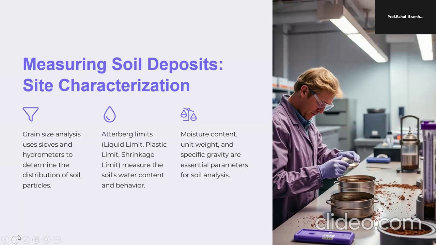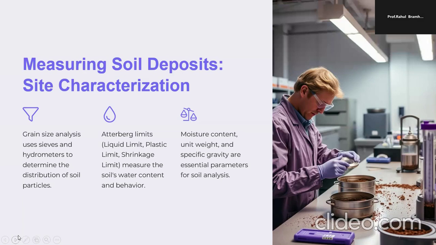Then the next one is the Atterberg limits: liquid limit, plastic limit, and shrinkage limit measure the soil water content and behavior. In the first phase, we are finding the size of grain.